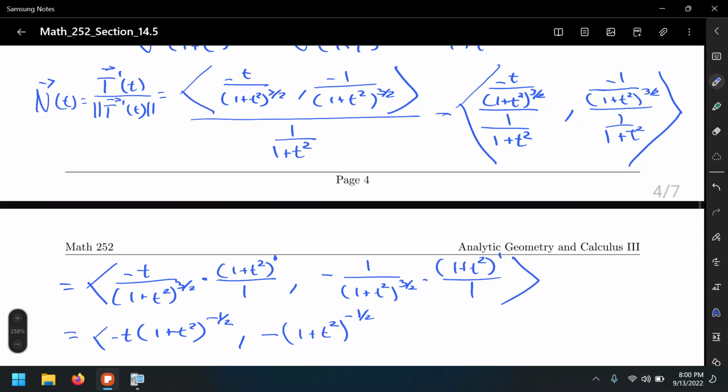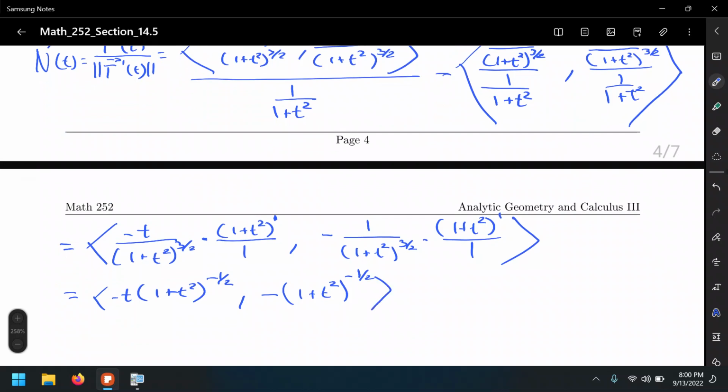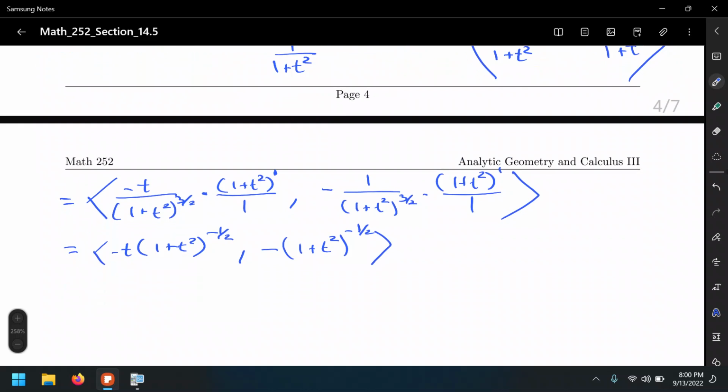But of course we don't like negative rational exponents. Let's write this using positive rational exponents and change those to radicals. How about that? So that's negative t over the square root of 1 plus t squared, comma, negative 1 over the square root of 1 plus t squared.